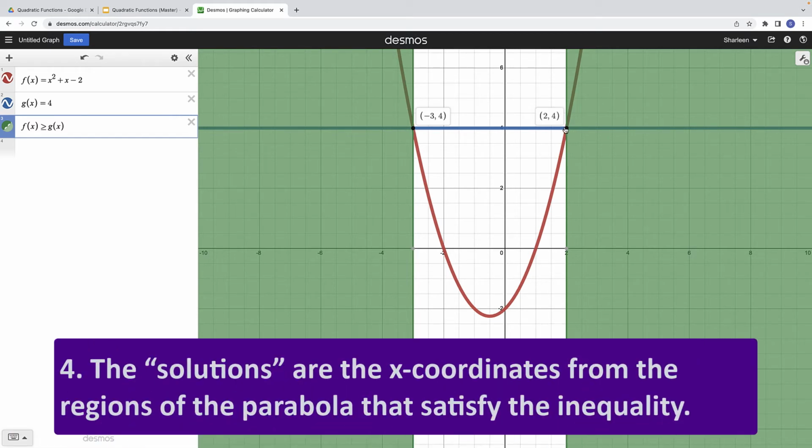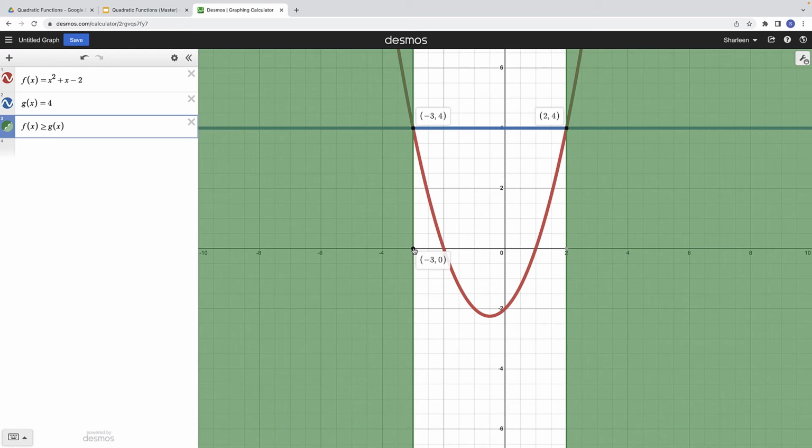The final step is to determine the solution. We write our solution in terms of the x values. So although we were looking at where the parabola is above the line, we want to describe the answer in terms of the x values where that occurs. The first x value where f of x is equal to g of x occurs at the point -3.